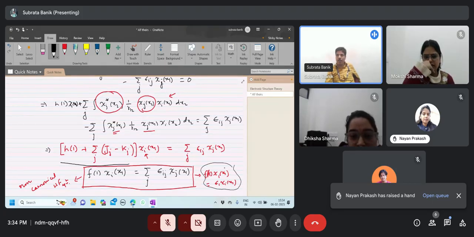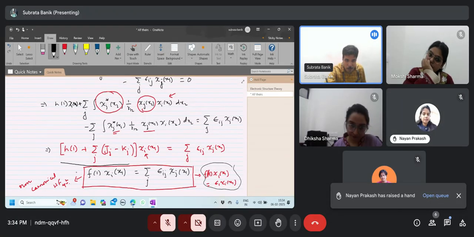Before Tuesday, read a little bit about matrix transformation, because everything you are going to write in terms of matrices. And this canonical equation we can solve, obviously, but only for atoms, not for molecules. For molecules, we can't even solve this.